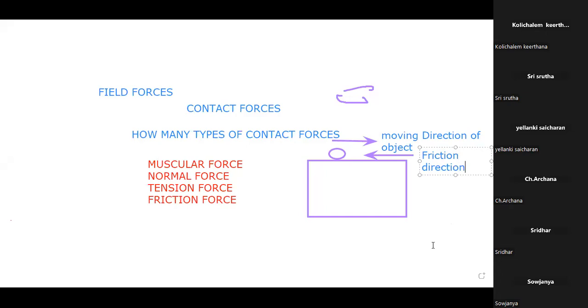This is the most important thing. So here you see the ball is moving in this direction. Observe this one. Now the friction direction is like this.